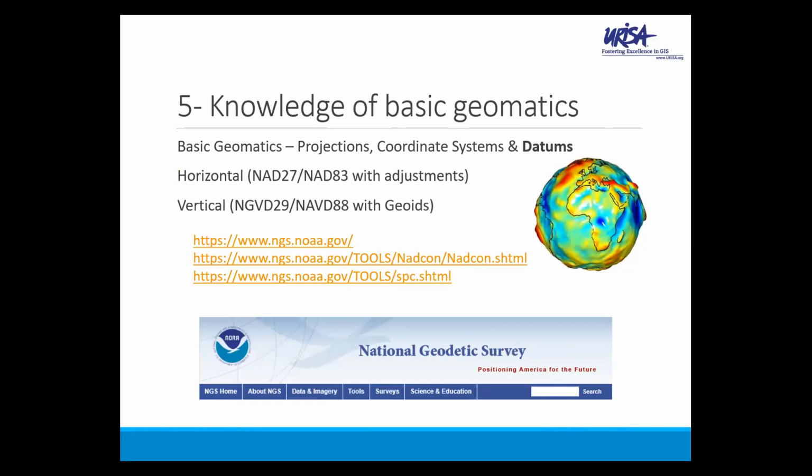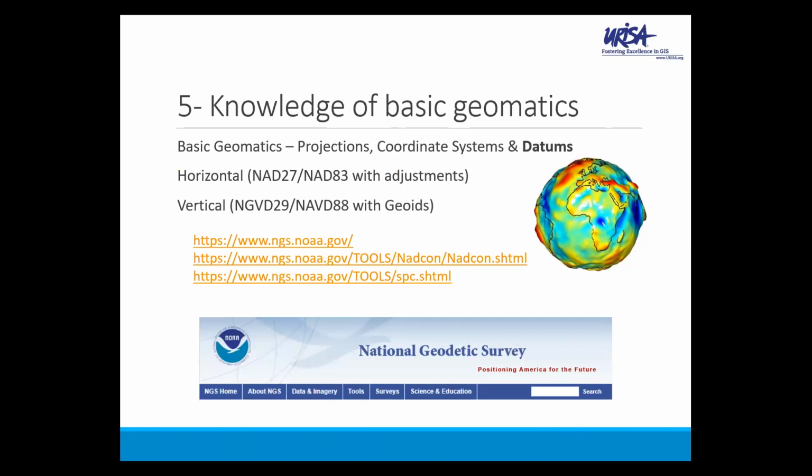Similarly, we have vertical datums, and the current vertical datum is the North American Vertical Datum of 1988. This is where things get a little hairy, and again, I don't want to teach, but one of the things that I think we as a group need to understand in terms of vertical datums are ellipsoid heights and geoidal heights.